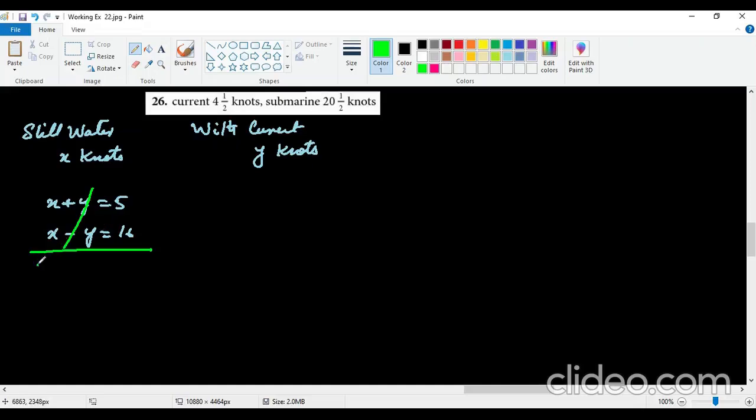So this is going to become 2x equals 25 plus 16. So 25 plus 16 is going to give us 41, and x will be equal to 41 divided by 2, which gives us 20.5 knots, the speed in still water.